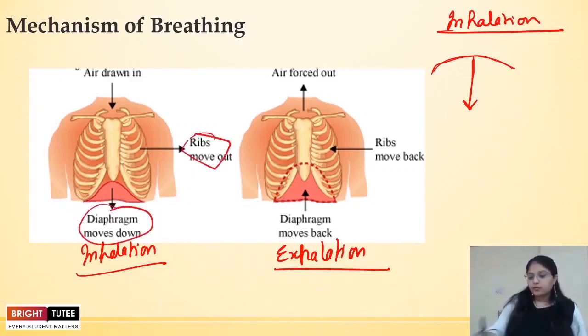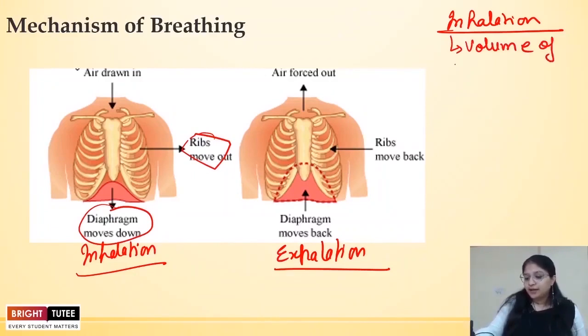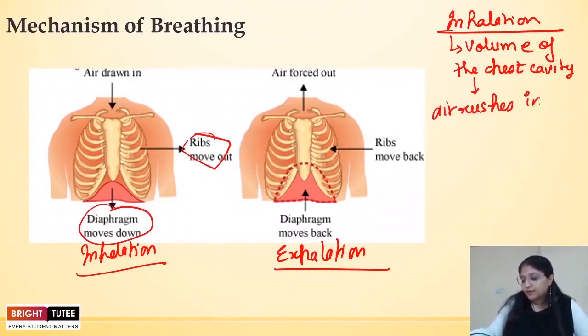What happens because of these two things? The volume of the chest cavity increases. When the volume of the chest cavity increases, the air rushes into the lungs.